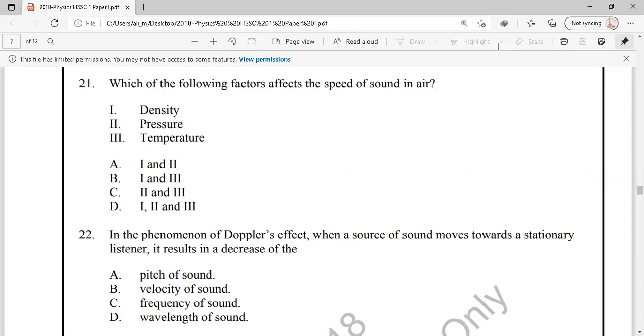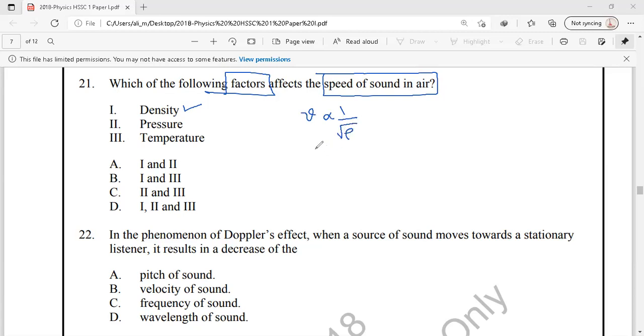Question number 21. Which of the following factors would affect the speed of sound in air? Which of these are the factors that vary the speed of sound? So the density: velocity of the sound is inversely proportional to the square root of the density of the medium. The temperature: velocity of the sound is directly proportional to temperature.